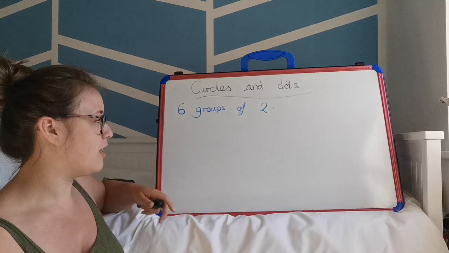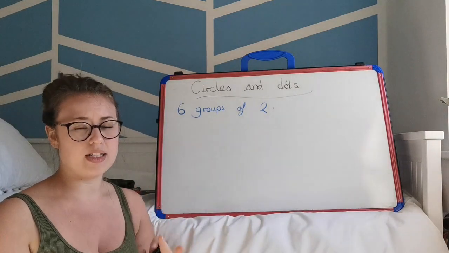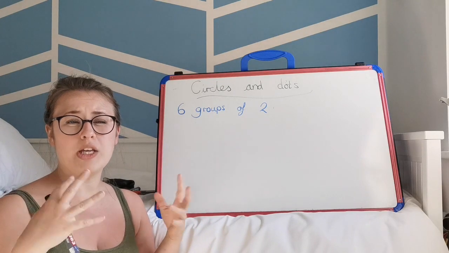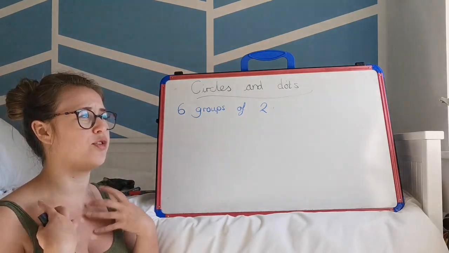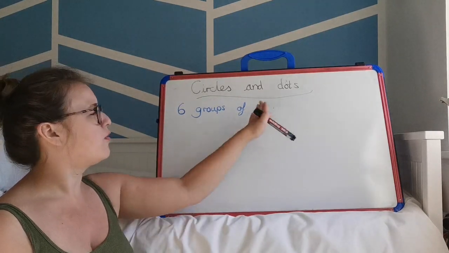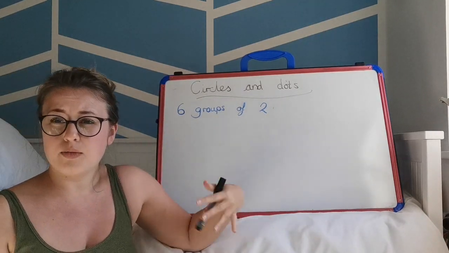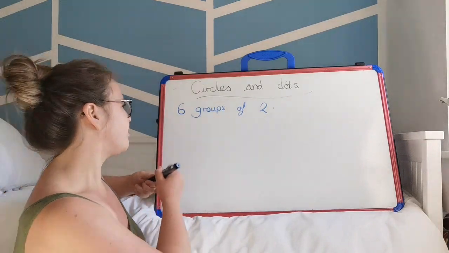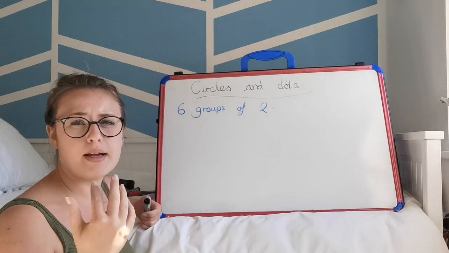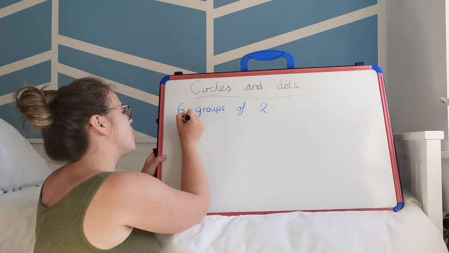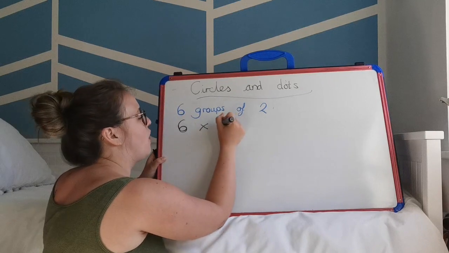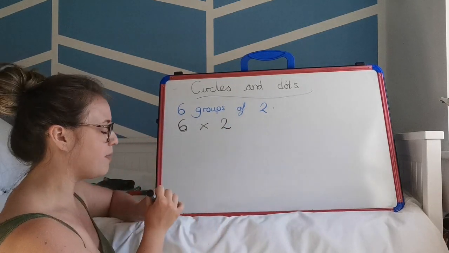So with this method, it's all about understanding the order in which we draw, in terms of the group size. So I've written one here of 6 groups of 2. I would expect them to read that as 6 groups of 2. And when they're at the very beginning, I would expect them to be able to translate that into 6 times 2, okay?